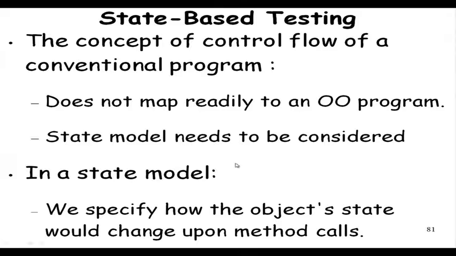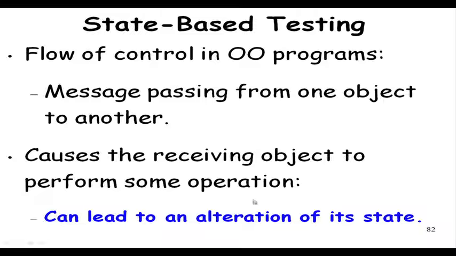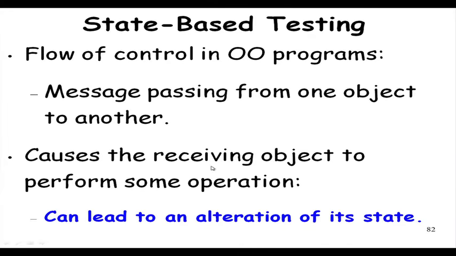The states of the class are given by a state model, which specifies how the object state changes upon method calls. Whenever a method is called for an object, some attribute may change, and therefore, the object can change its state.